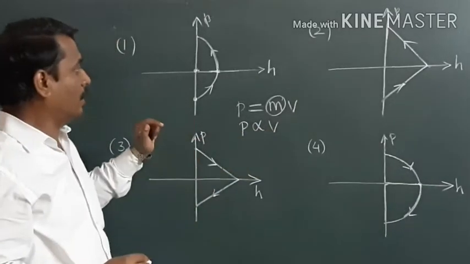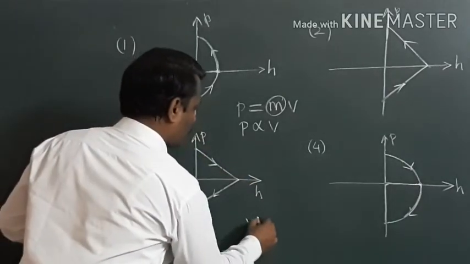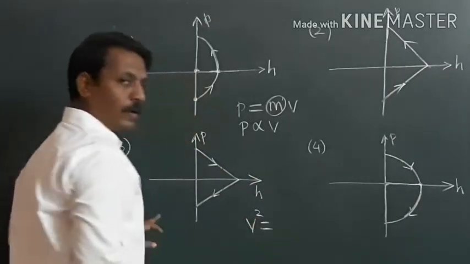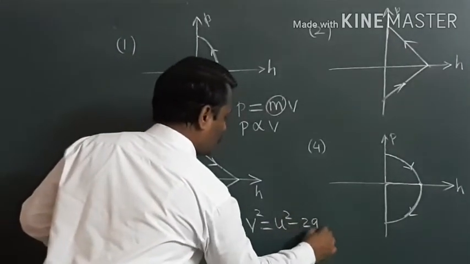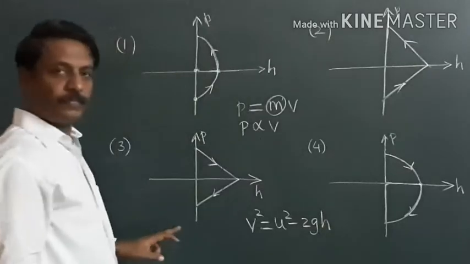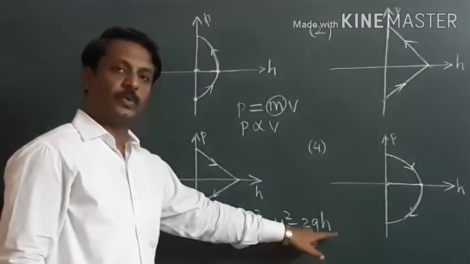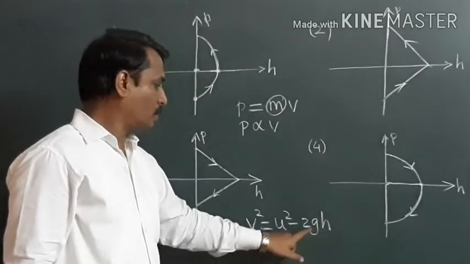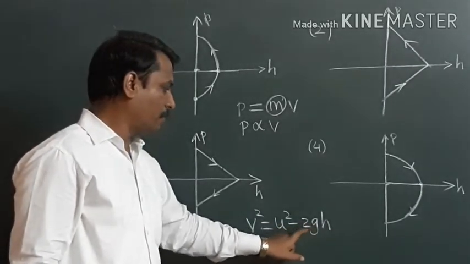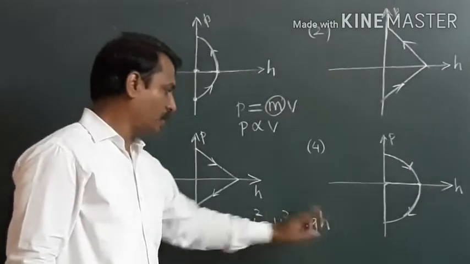So now, here I can write the equation for the velocity of a ball. Using the equation v square equal to u square plus 2as, here a is equal to minus g, therefore we will get minus 2g, and s is height, so h.